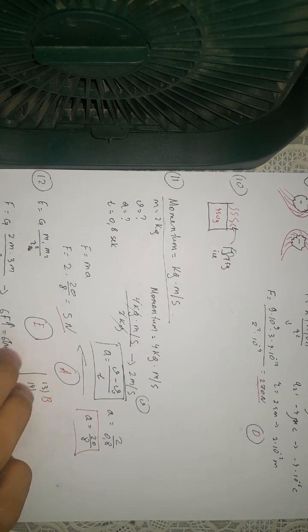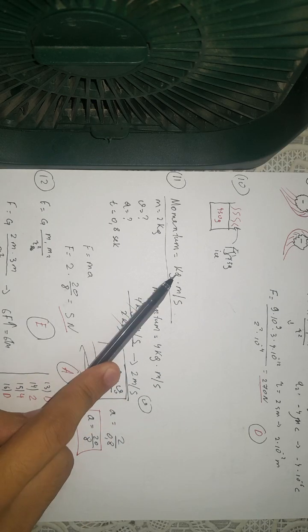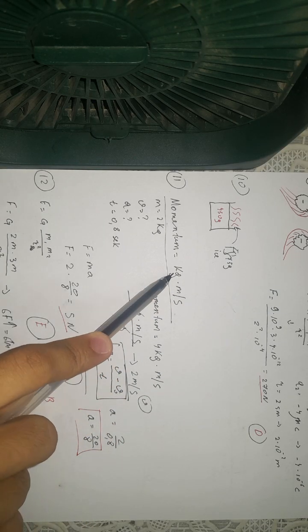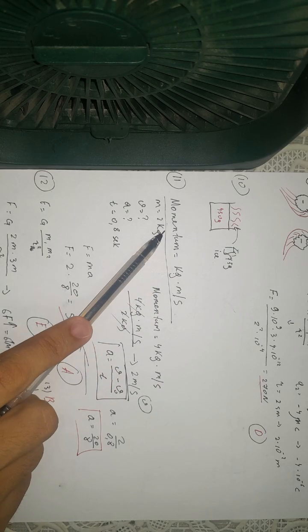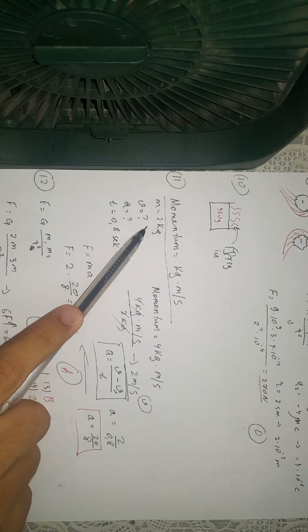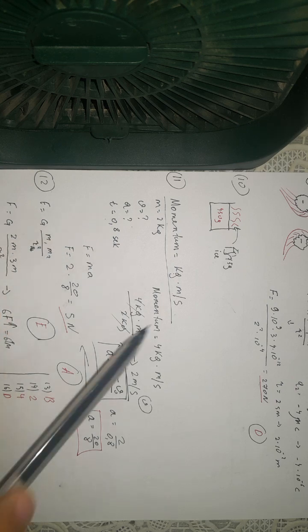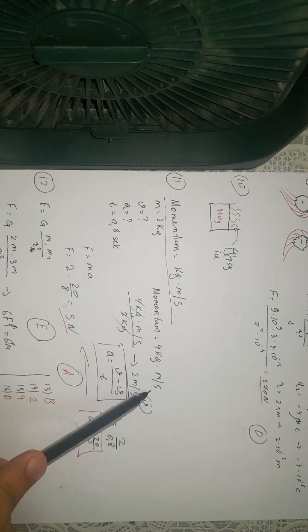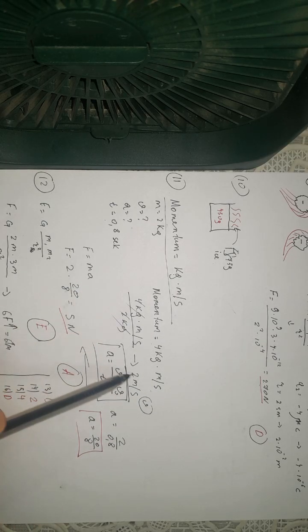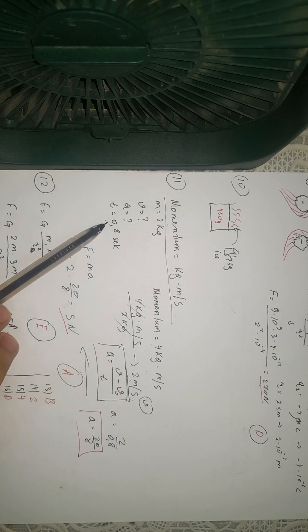In the 11th question, we have momentum, or impulse: mass multiplied by velocity. The mass is 2 kilograms. We have no speed and no acceleration, but we have time. We have to find the force which was acting. Momentum is like this. If we divide by 2 kilograms, we get this speed, but this speed is gained in this time.